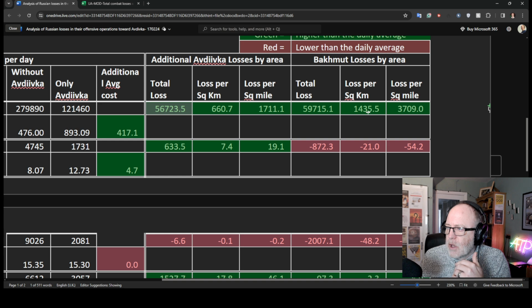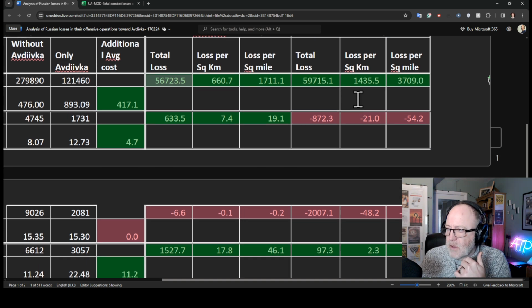And then per square kilometre, that equates to 1,435 people lost per square kilometre, and 3,709 people lost per square mile. So Bakhmut was more costly for the Russians in terms of personnel losses.